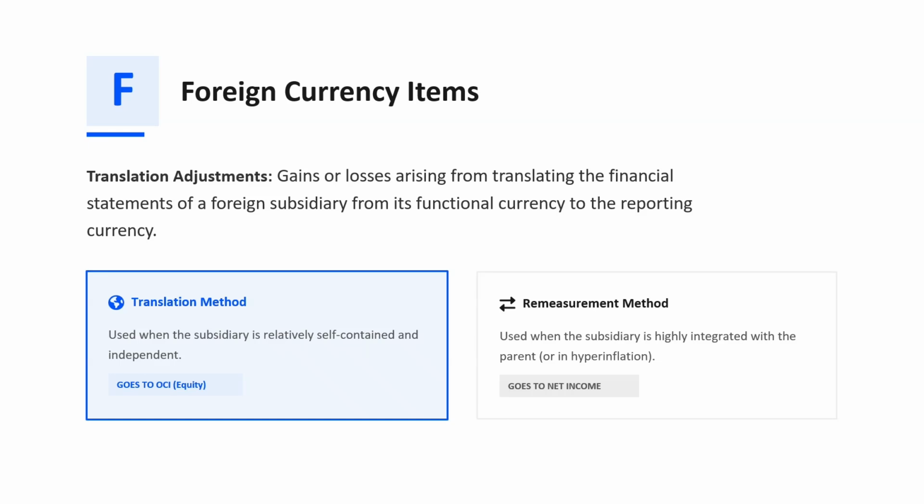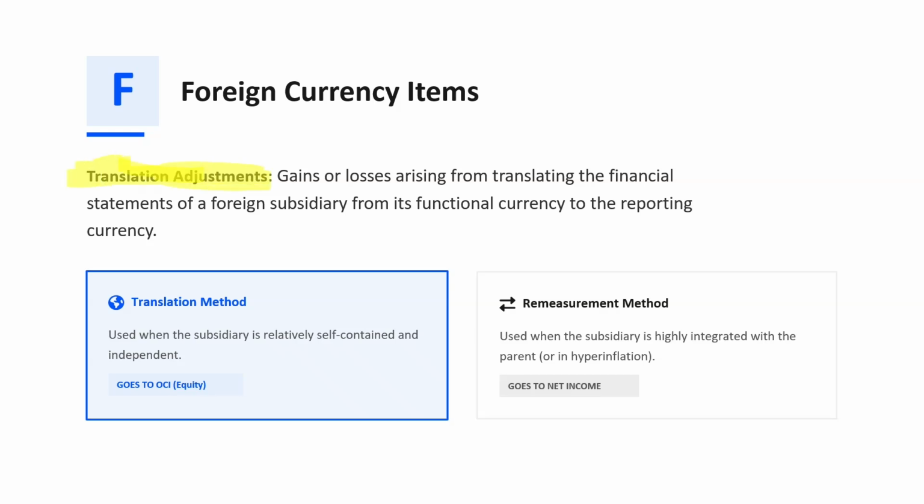Okay, so following the unrealized gains, we go to F in the PUFI mnemonic, which is the foreign currency items. When a foreign subsidiary's financial statements are translated into the parent company's reporting currency, the resulting gains and losses are something we call translation adjustments.